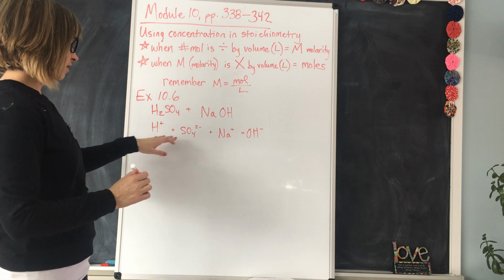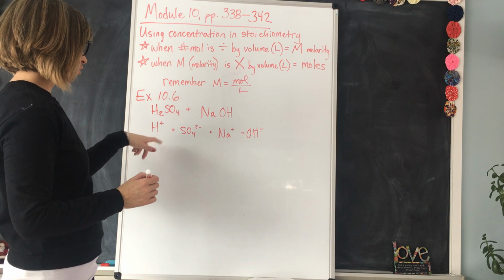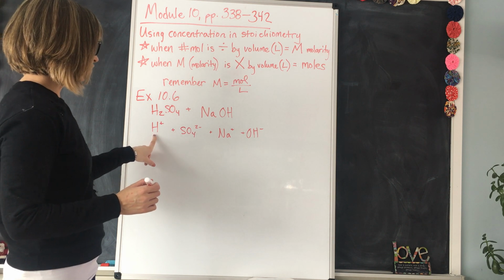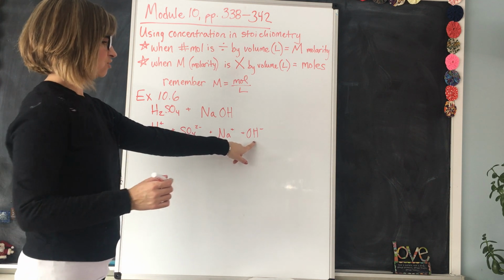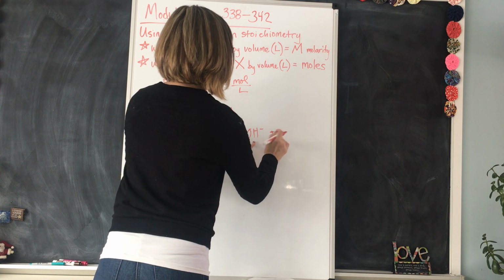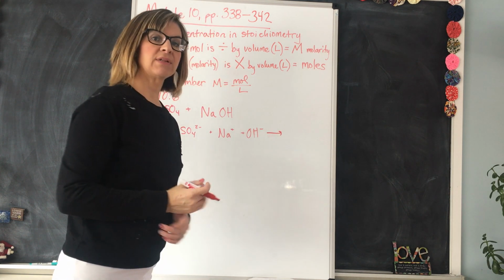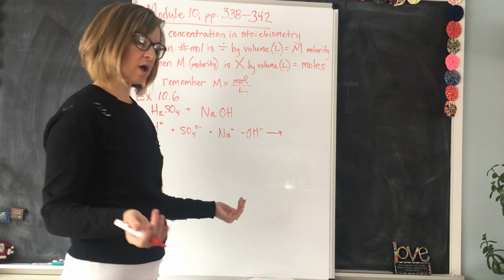Okay, when we break these apart into the ions, we can see who's going to donate the hydrogen. That's the acid. The hydrogen is going to be donated over here to the hydroxide to make water. And we know that when we have an acid plus a base, we create a salt and a water.